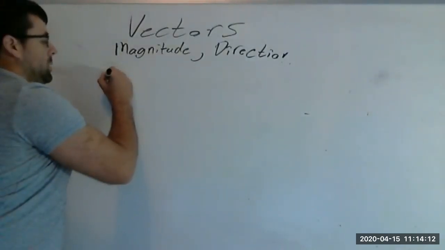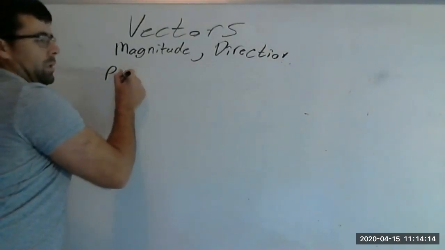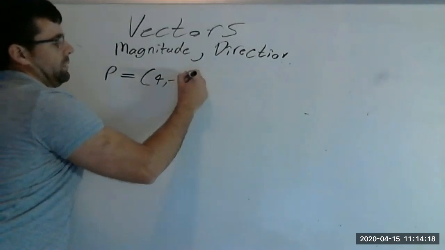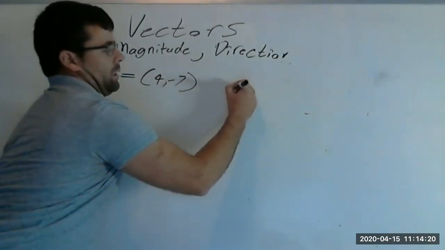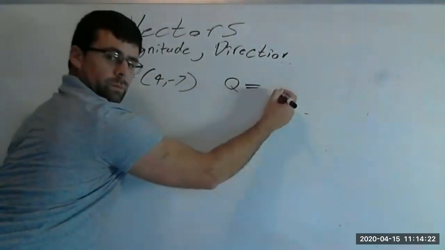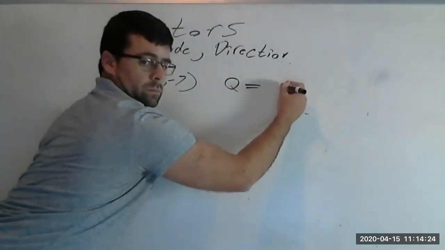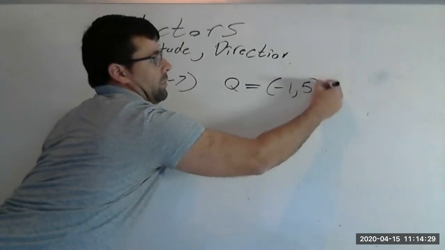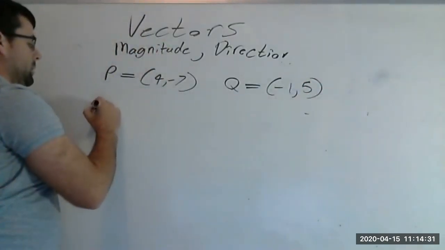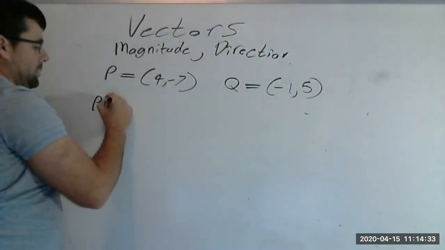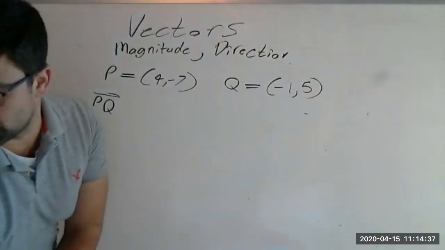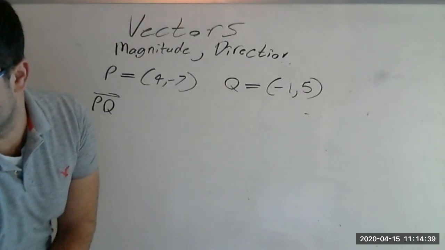So P (4, -7), Q (-1, 5). So we're going to find the vector PQ.